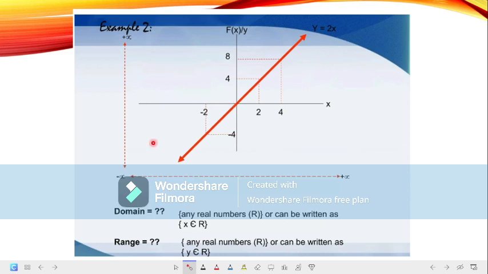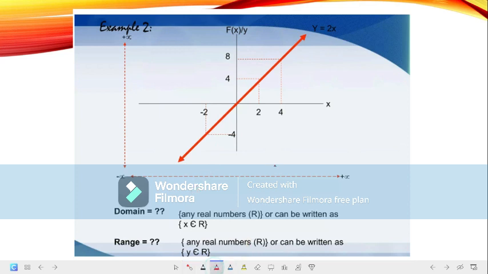So we have here this example. This is the graph, and we have this Cartesian plane. This is our graph, and we are asked to find the domain and the range. If this is our graph, how are we going to express our domain? In an interval.